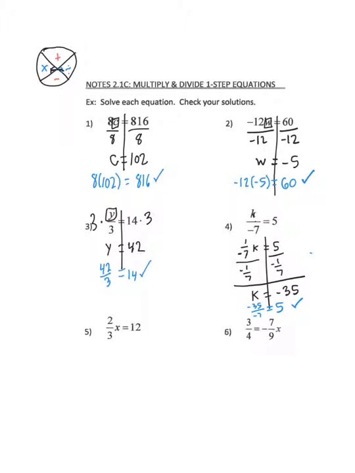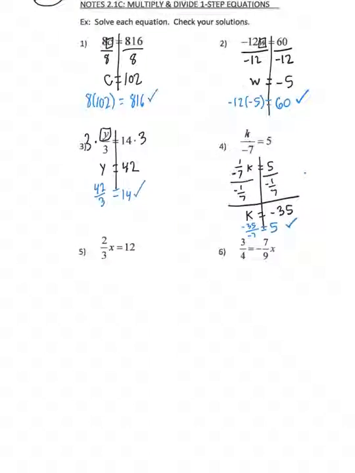Last examples here at the bottom, we've actually got two more, 5 and 6. Number 5, we've got a fraction again. This time it's 2/3 times x. So if I have multiplication, opposite of multiplication is division, so I'm going to divide by 2/3.